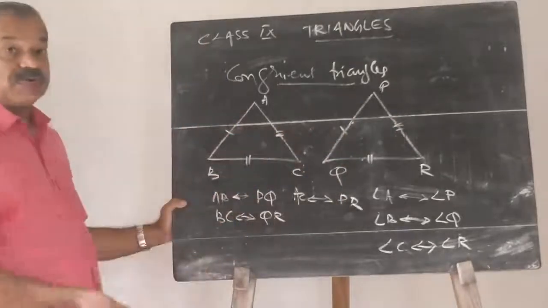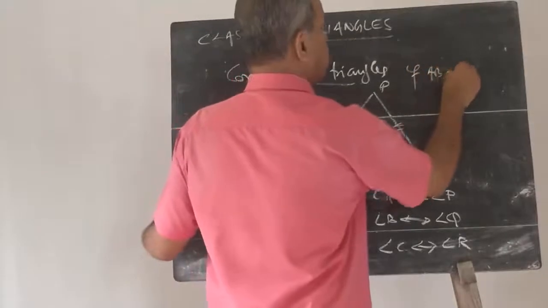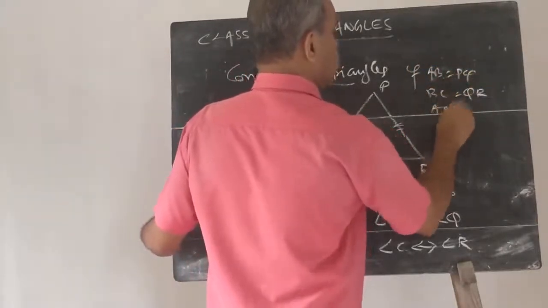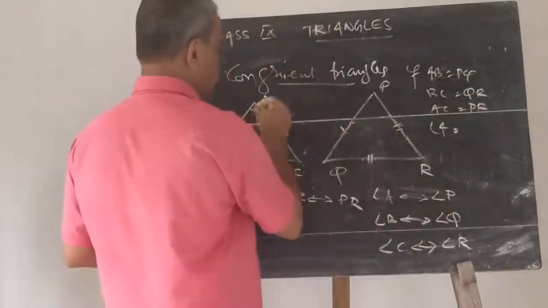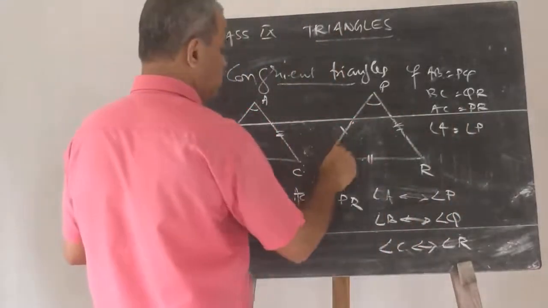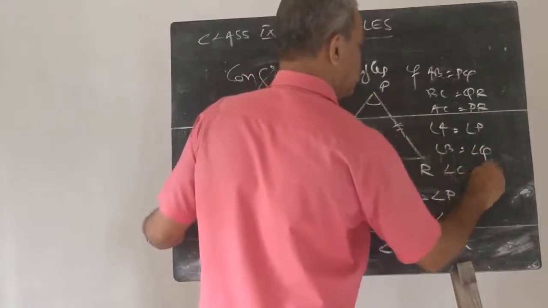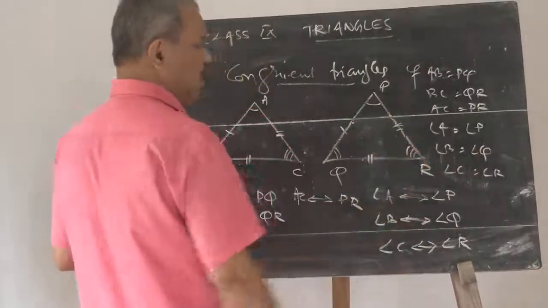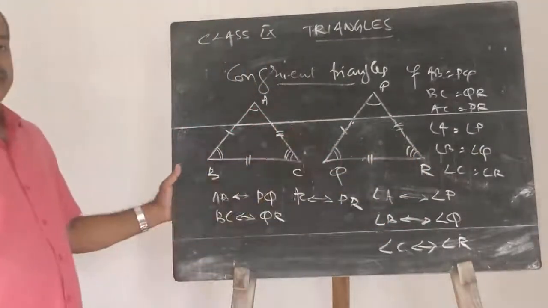If these correspondences are equal, that is, if AB equal to PQ, BC equal to QR, AC equal to PR, and angle A equal to angle P, angle B equal to angle Q, angle C equal to angle R, such a correspondence is a congruence.